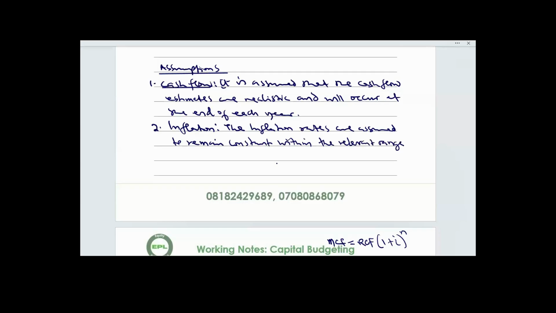That is, during the period of this project, the inflation rate will not change, will not increase, because once the inflation rates increase, certainly it will affect our decision to accept the project. So our assumption is that inflation rate will remain constant within the period under consideration.